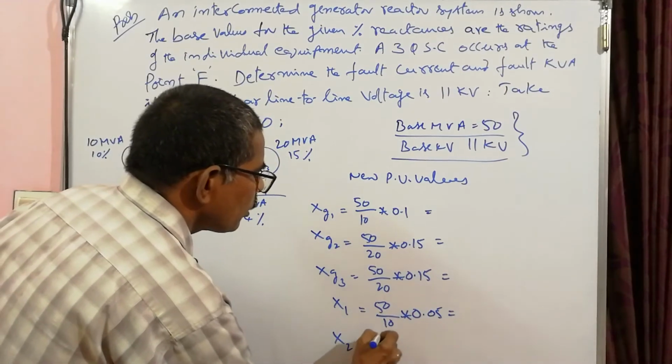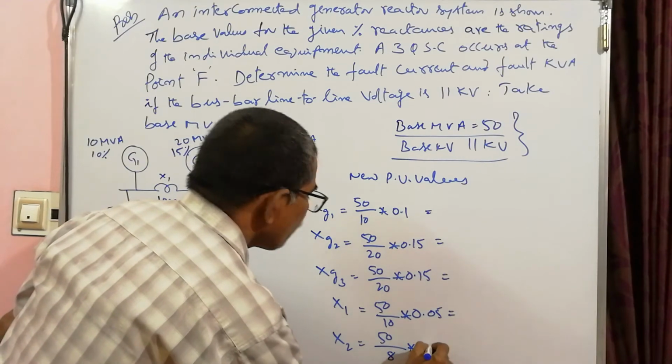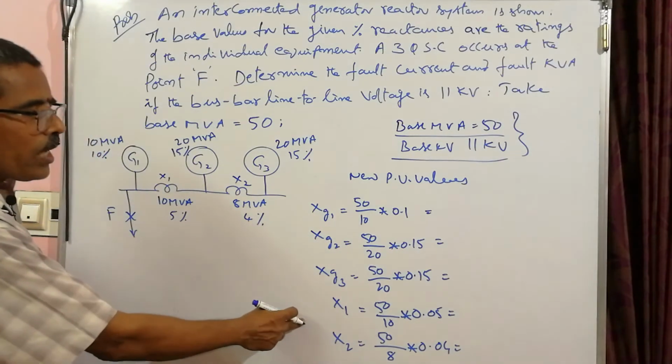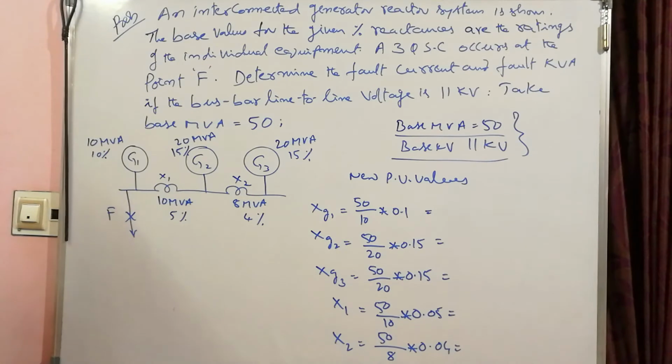X2 is 50 by 8 into 0.04. So these are the new per unit values of the equipment based on 50 MVA and 11 kV.